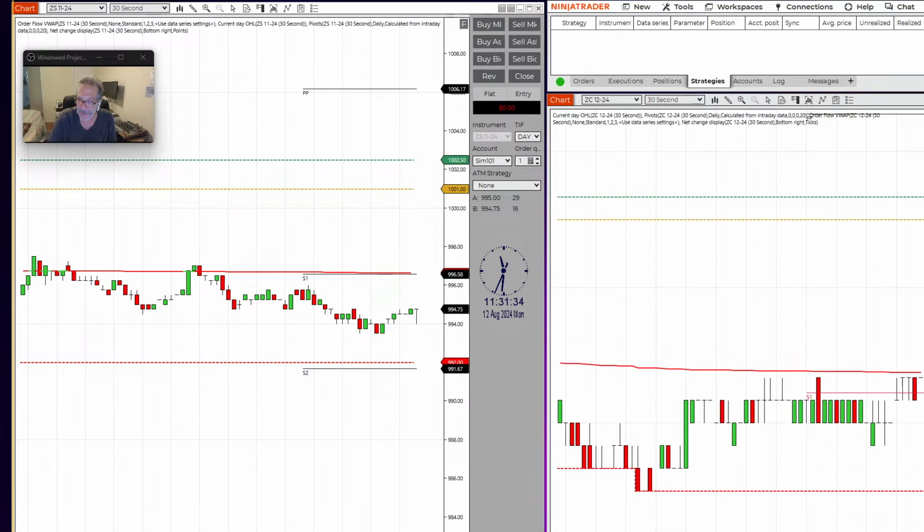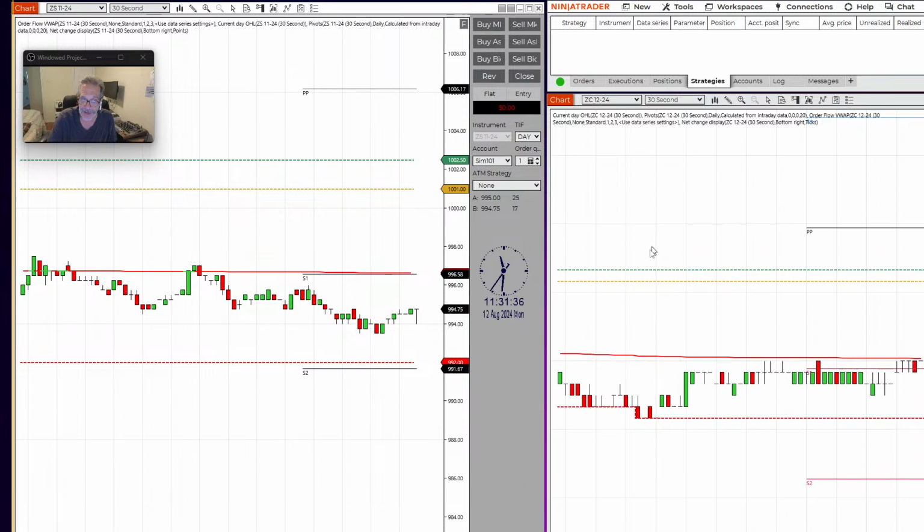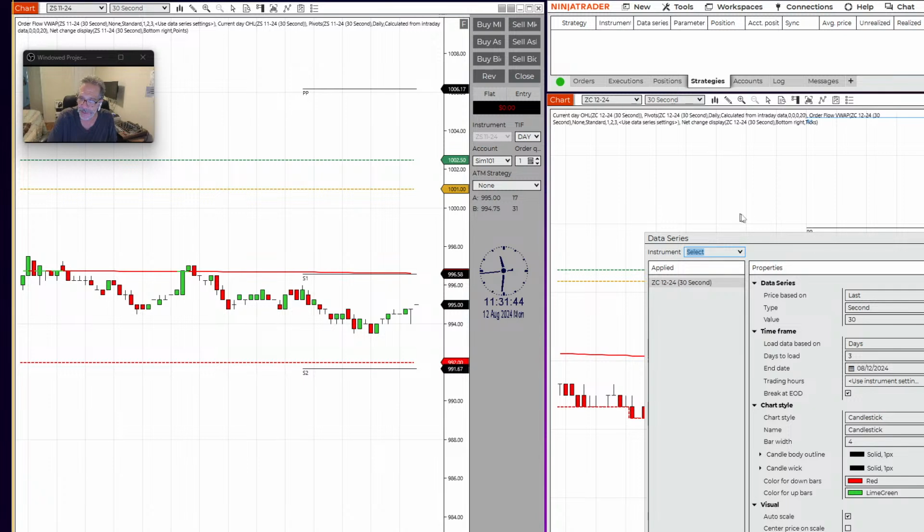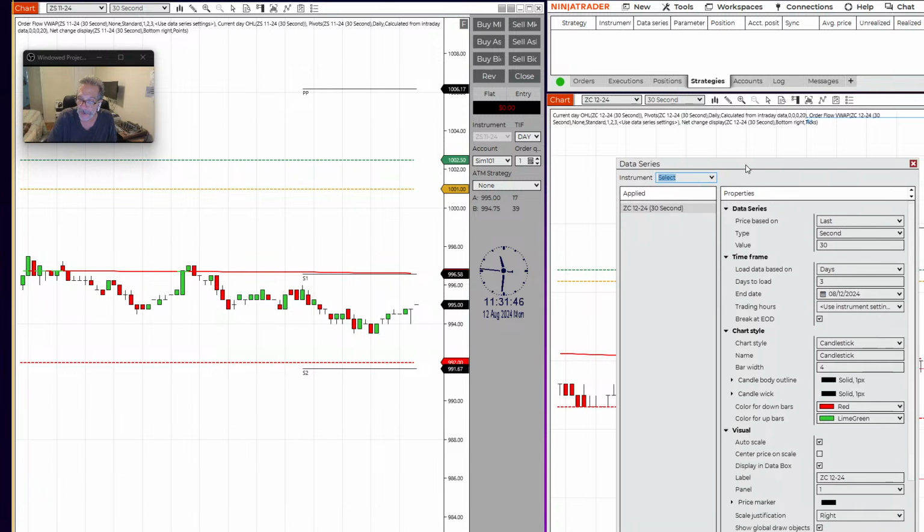I don't have a lot of indicators or anything on my charts. Also, when you go to data series, check that your trading hours are set to use instrument settings. Just load 3 days of data. Don't load too much data.